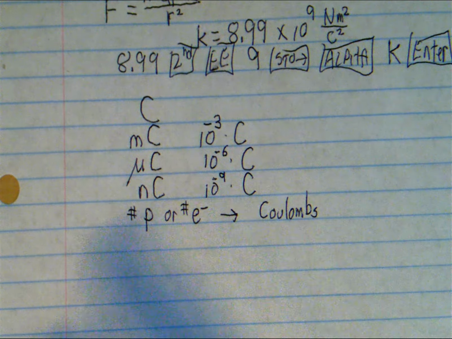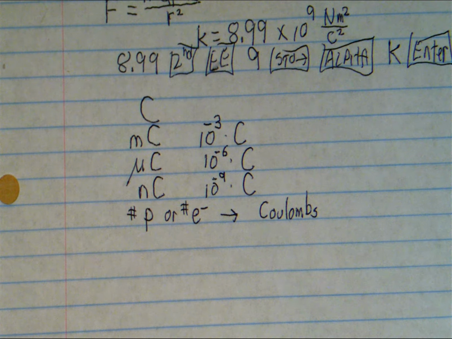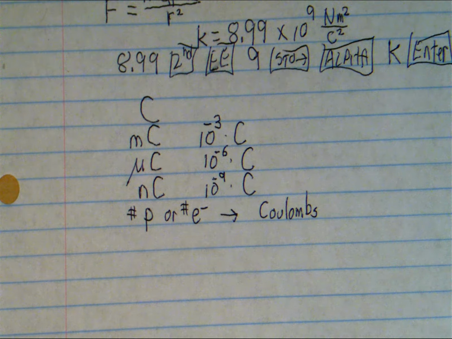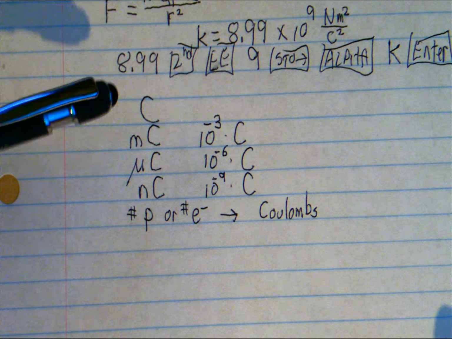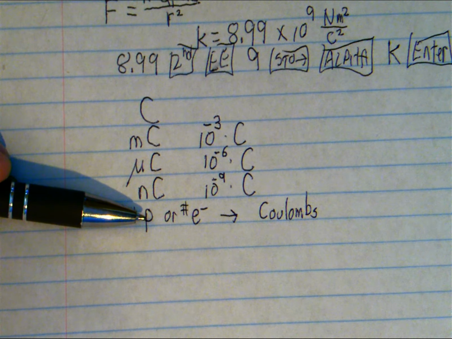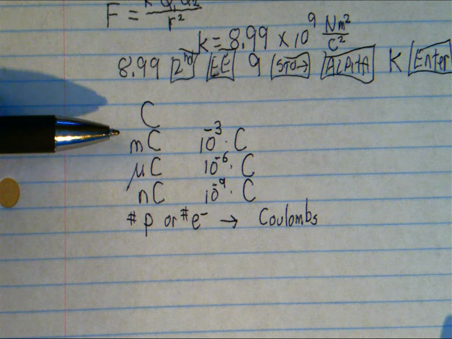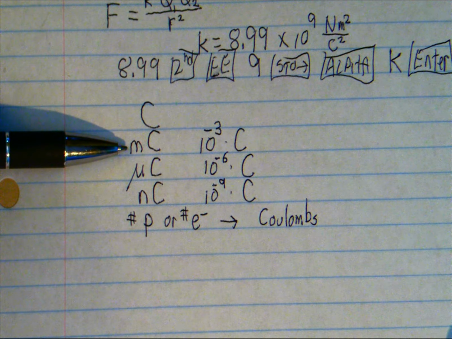So as we make up problems, if I call on you, your choices are from this list. So if I say, gee, I'd like you to make up the number of charge on Q1, you could tell me, oh, charge 1 is going to be 580 protons. Or you could say, oh, no, charge 1 is going to be negative 32 millicoulombs.